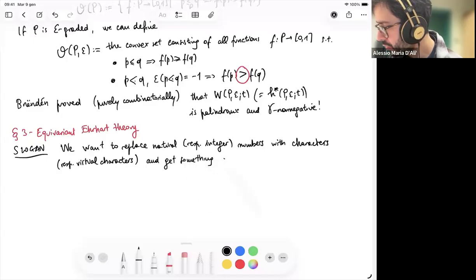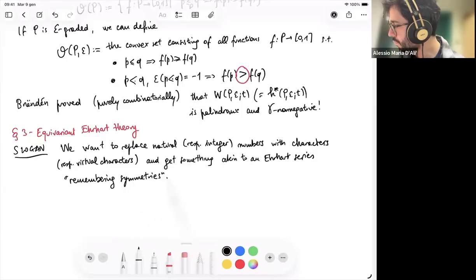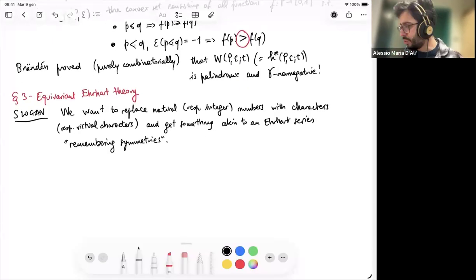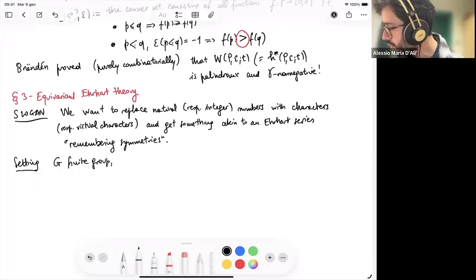So we want to do this and get something similar to an Ehrhart series, but that remembers symmetries. Okay, so how do we do that? Just a setting. I have G a finite group. P is a d-dimensional lattice polytope.